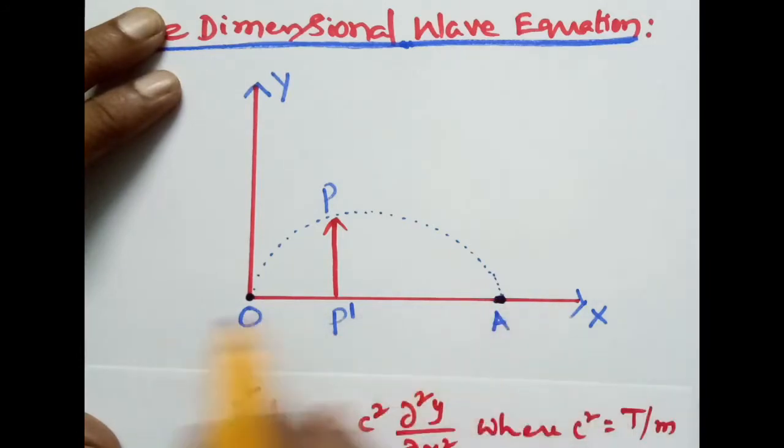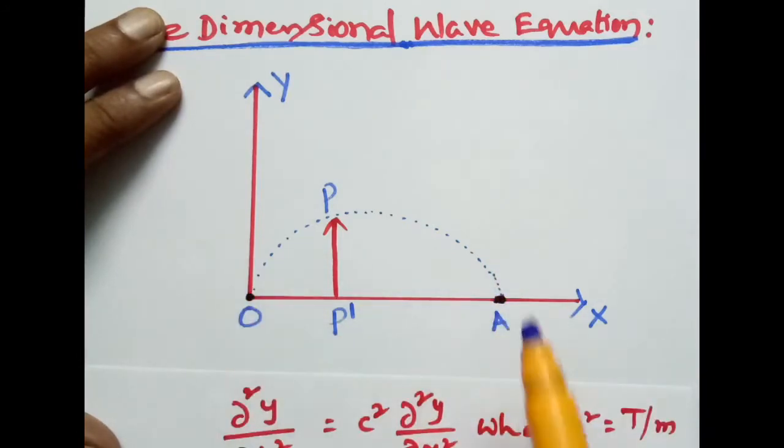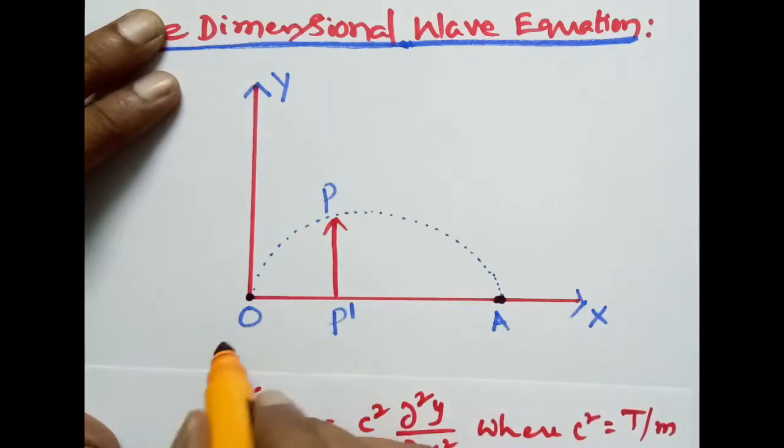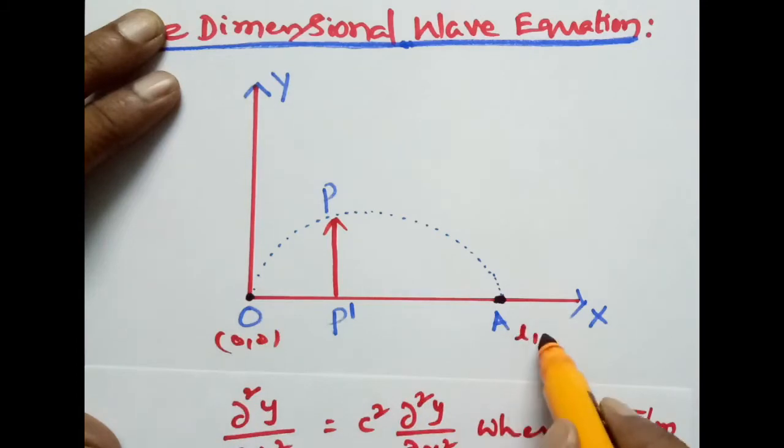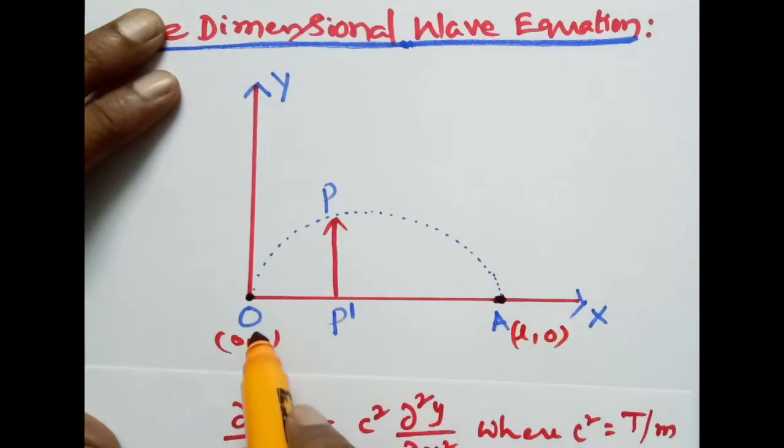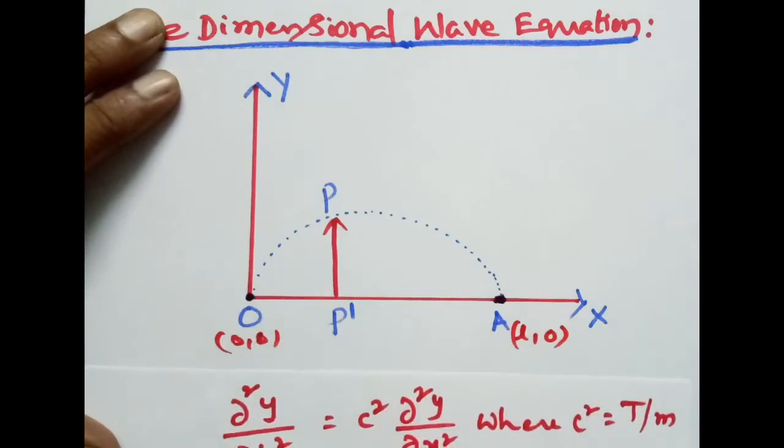So the length of the string is L. So this point is 0 comma 0, the origin. This point is L comma 0. So the length of the string is L. So this is one endpoint, this is the other endpoint.